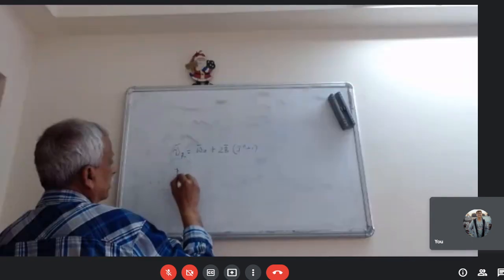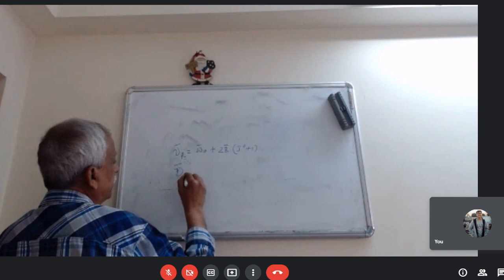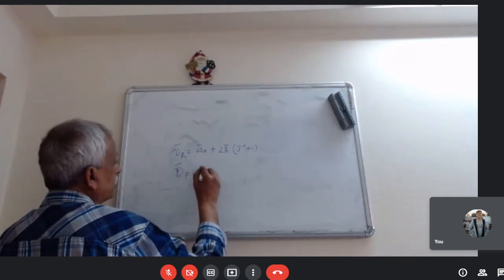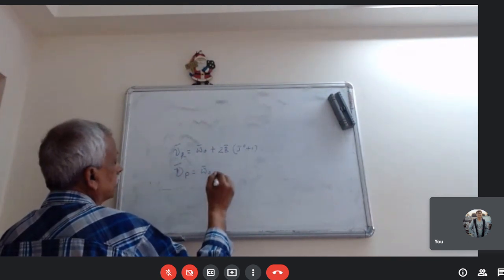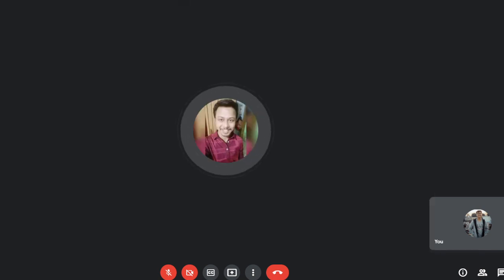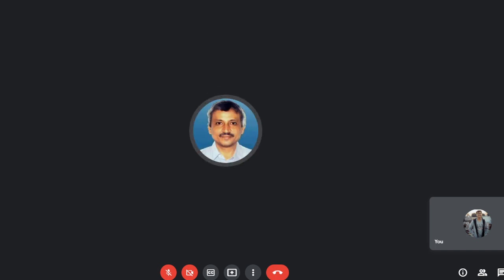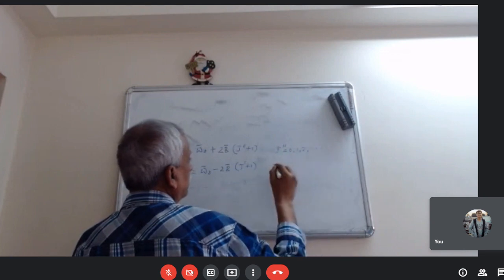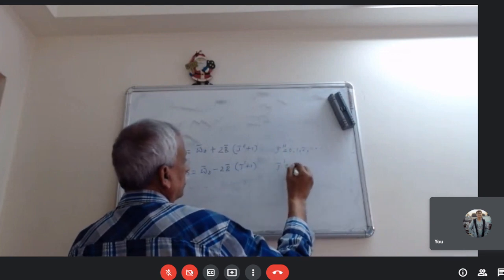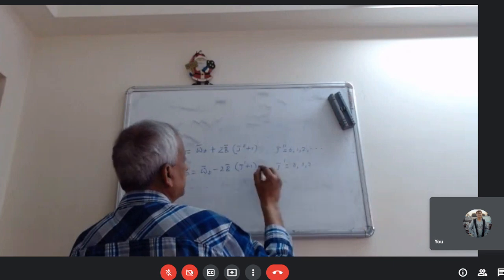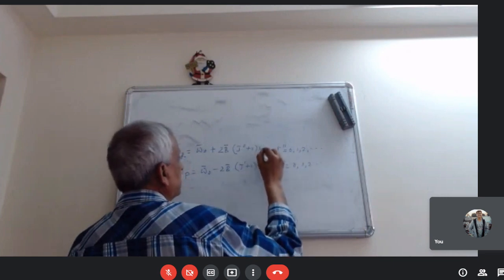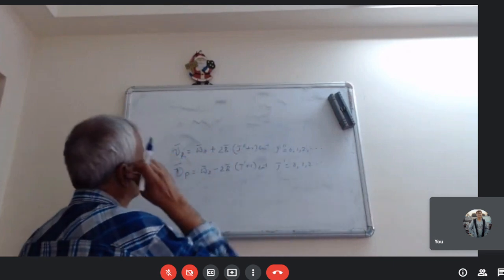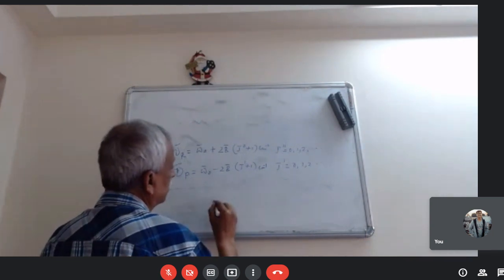And wave number of P branch, omega 0 bar minus 2B bar into J prime plus 1. And here J double prime would be 0, 1, 2, etc., and J single prime here would be 0, 1, 2, etc. And this is in centimeter inverse. Okay, so now let's go back to the original one.